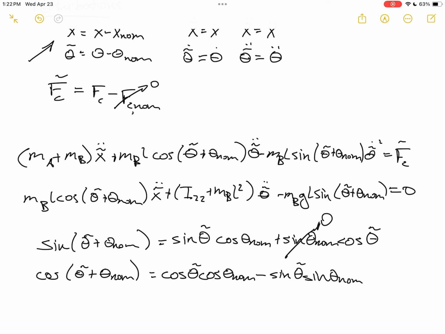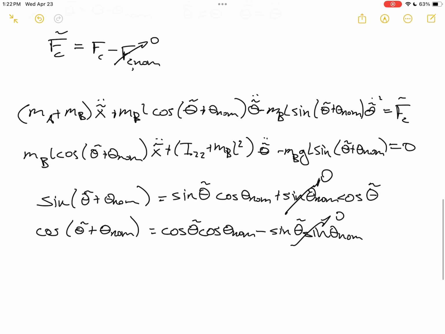And same thing, we see a sine of theta nominal. That term goes to 0. Cosine of theta nominal is going to be a constant, so that can be treated as just a coefficient in front of sine of theta tilde in that first equation for the sine, and the cosine of theta tilde in that second equation. And so we can plug these back into these two equations right here.